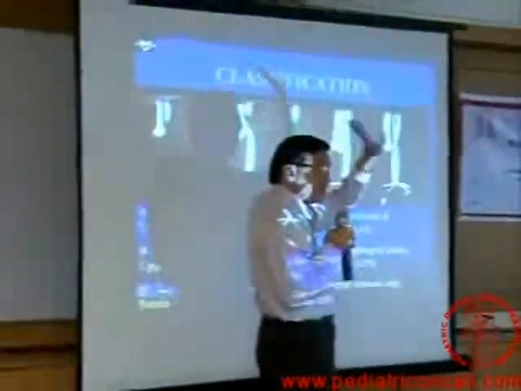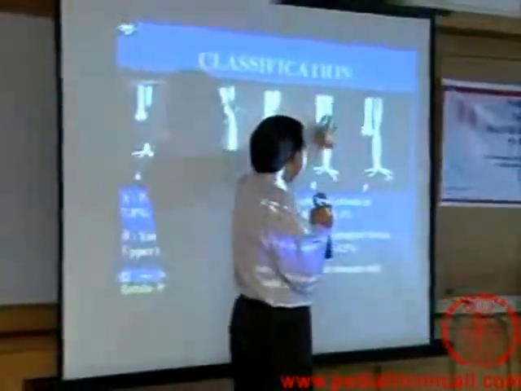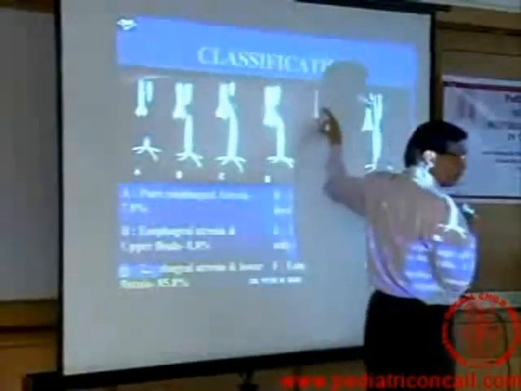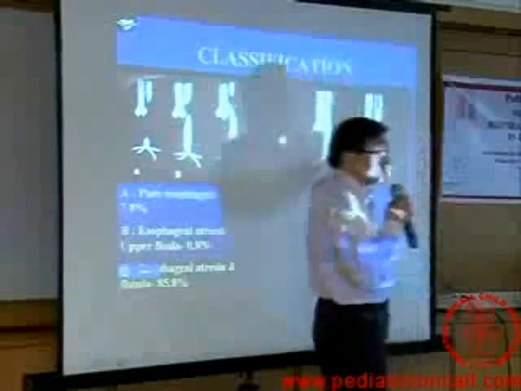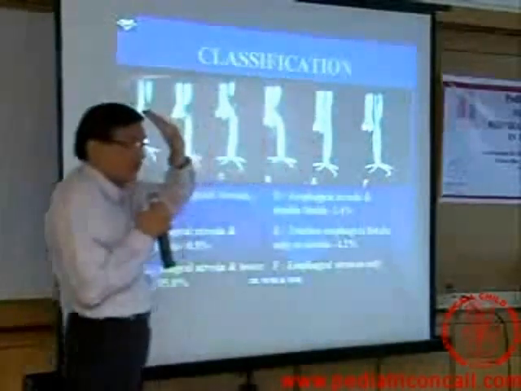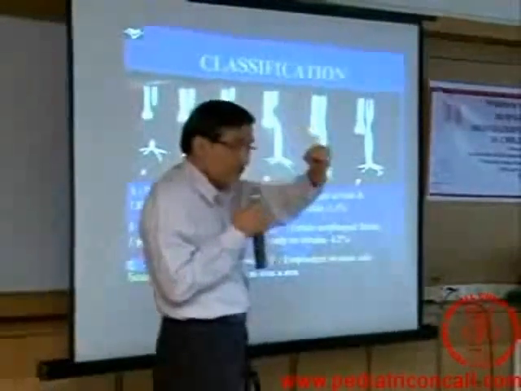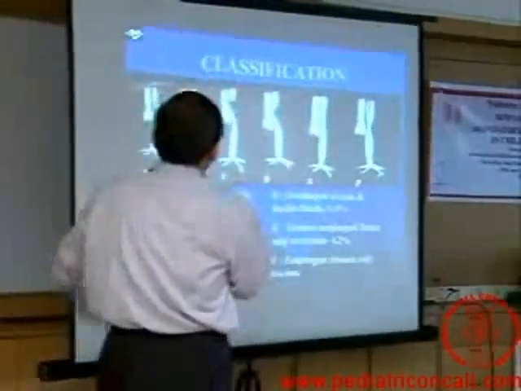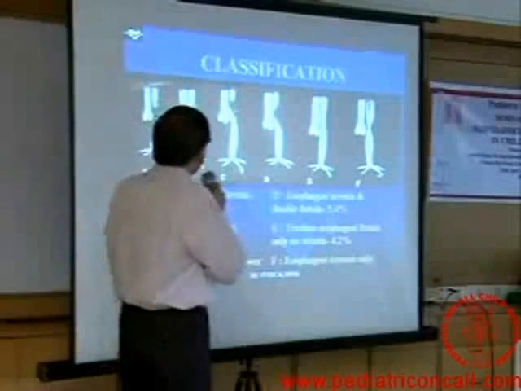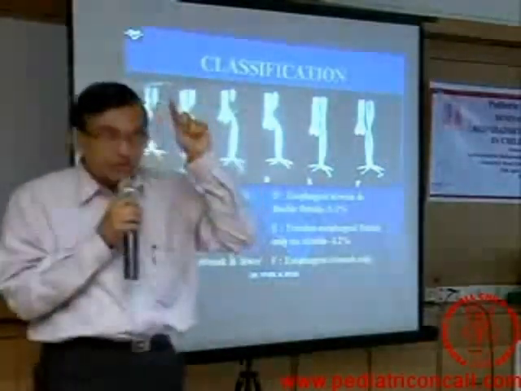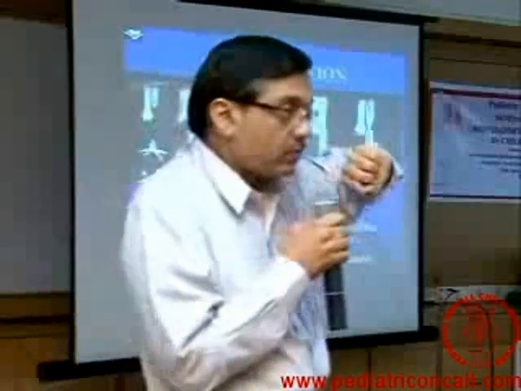In this, there is no atresia because the esophagus is continuous, but they have a fistula. So this is pure tracheoesophageal fistula, and in this, there is neither fistula nor atresia, but there is an esophageal stenosis.